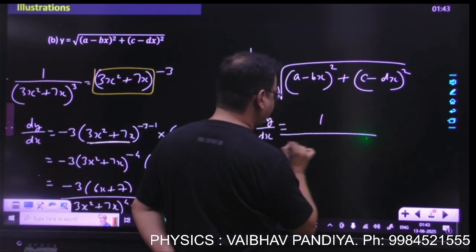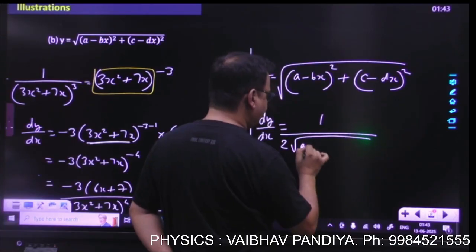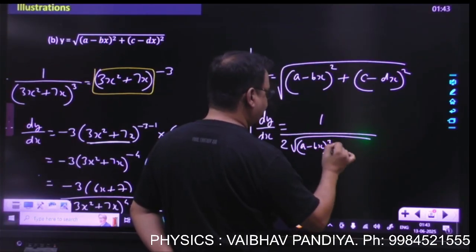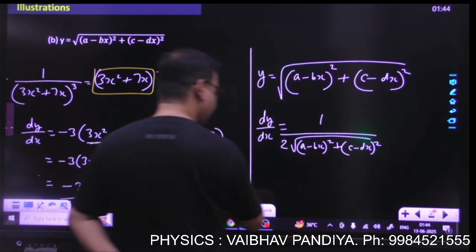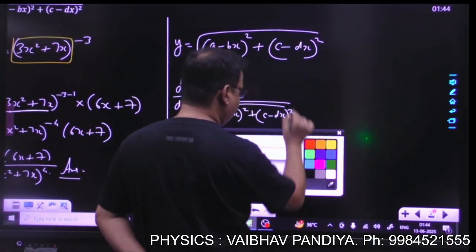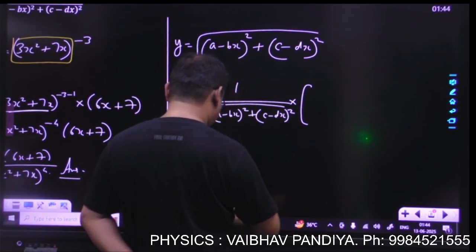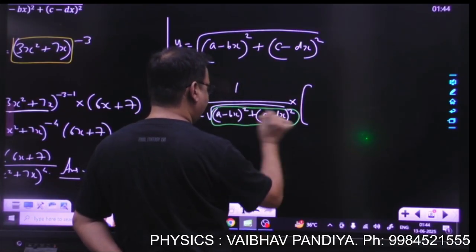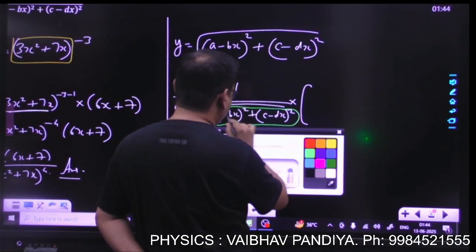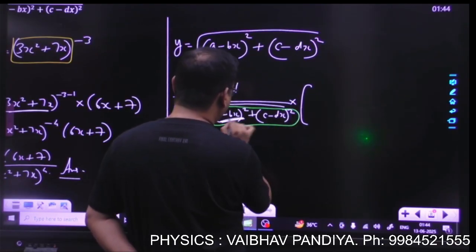So I'll get 1 by 2, write the same argument, a minus bx square plus c minus dx square. Now we will multiply with the derivative of what is inside the root, the argument, forming the chain.